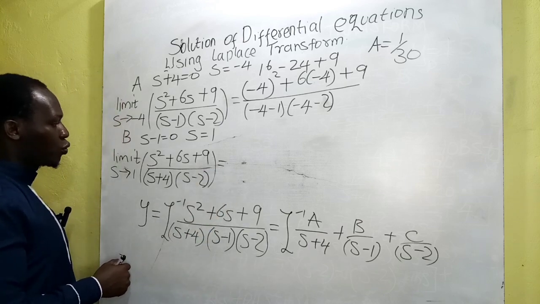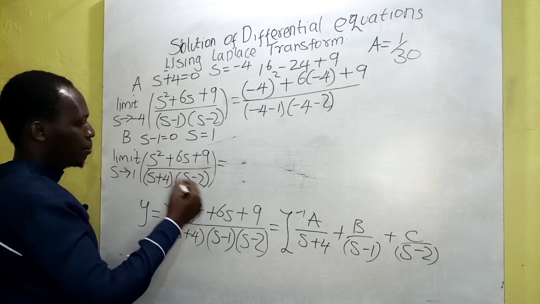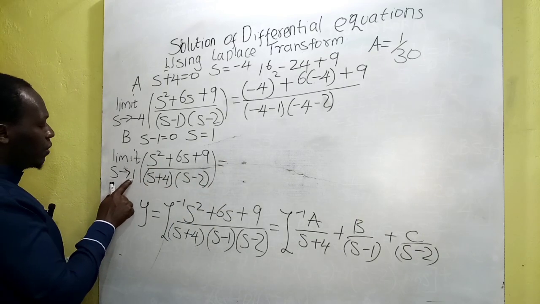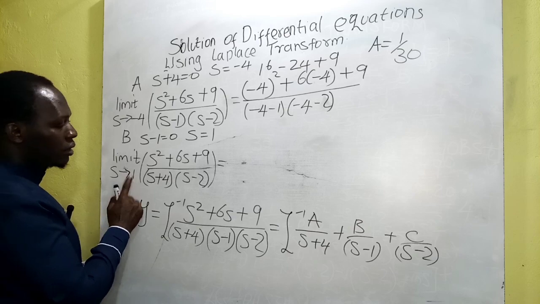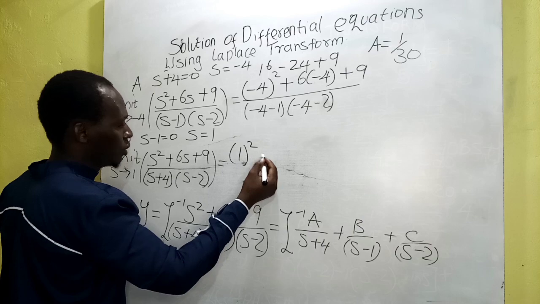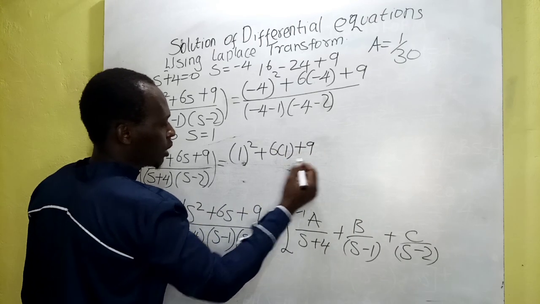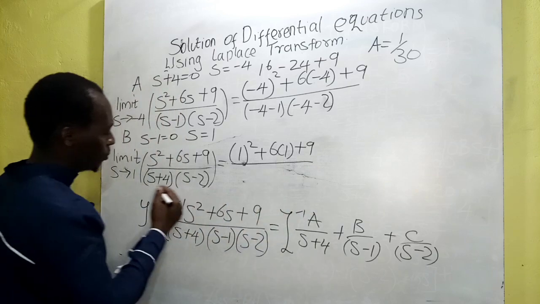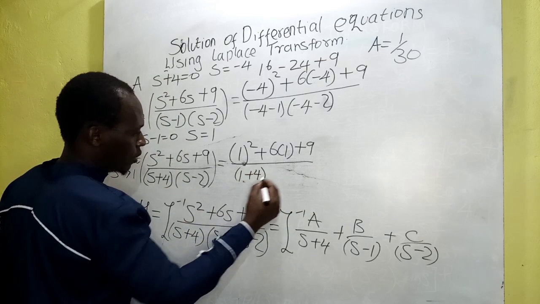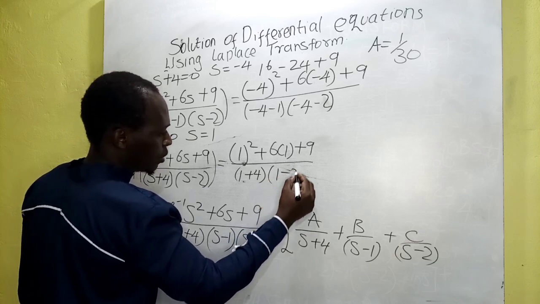That is the reason why we refer to our method as cover up. We understand that s approaches 1, to mean that we are going to have 1 squared, we add 6 into 1, we add 9, all over 1, we add 4 into 1, we subtract 2.